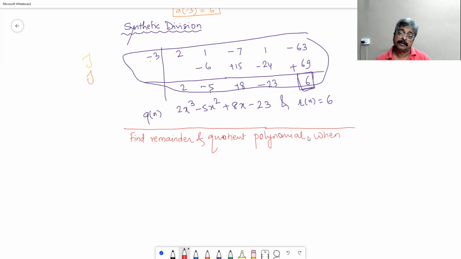When 3x raised to 4 minus 7x cube plus 5x plus 12 is divided by x plus 3.